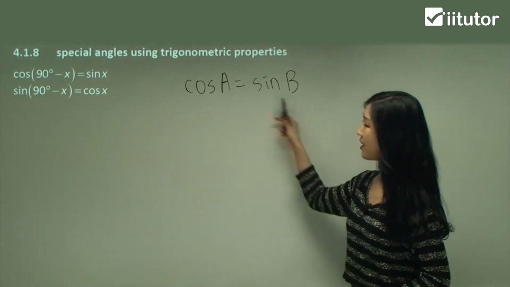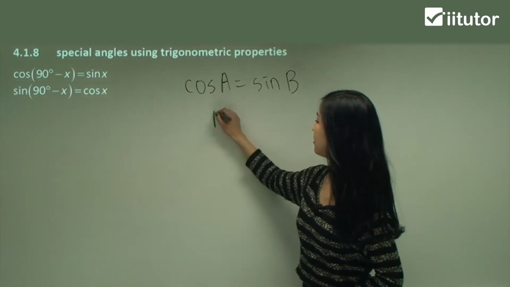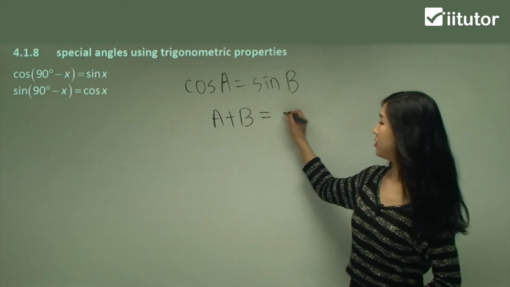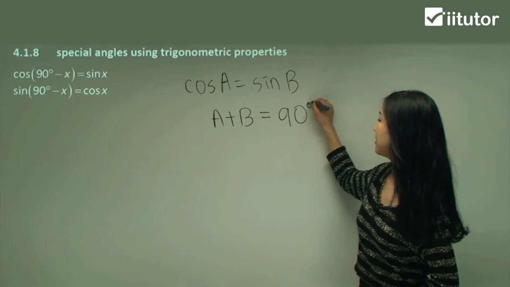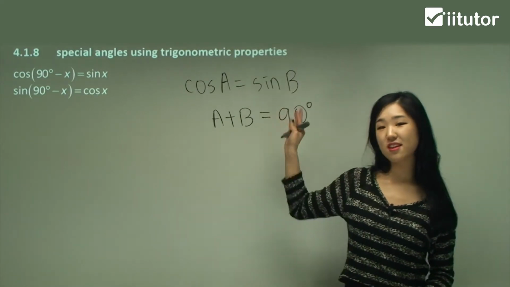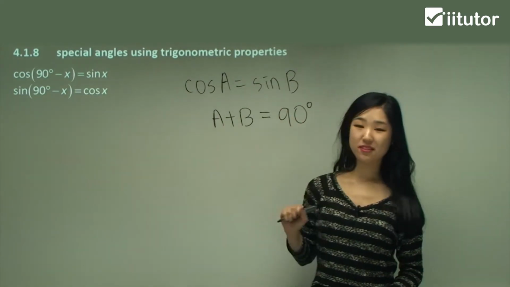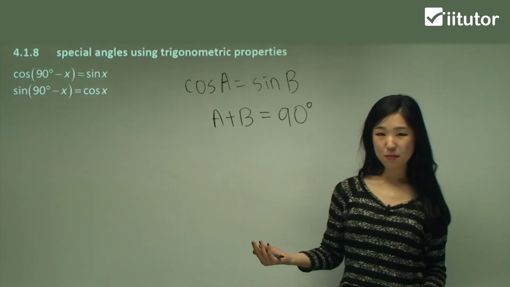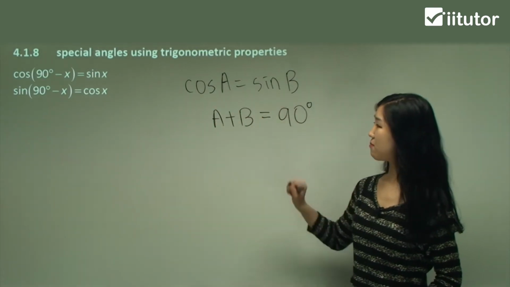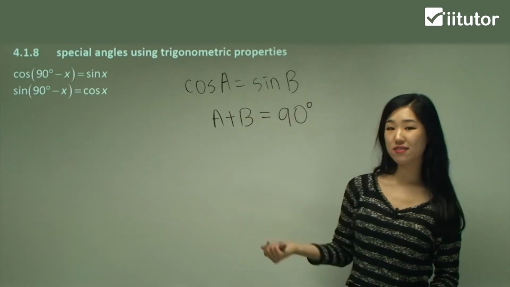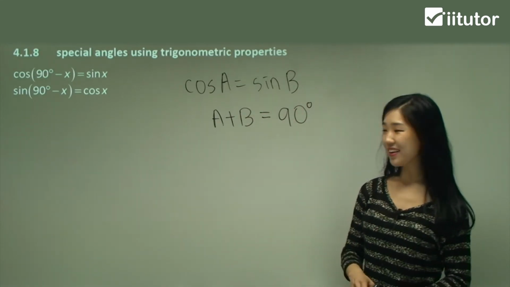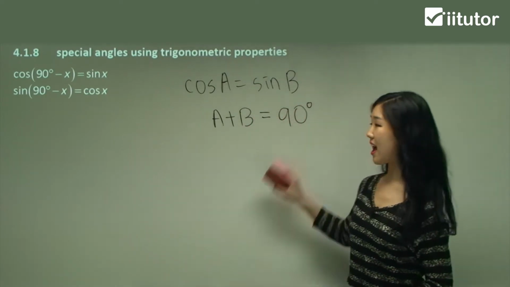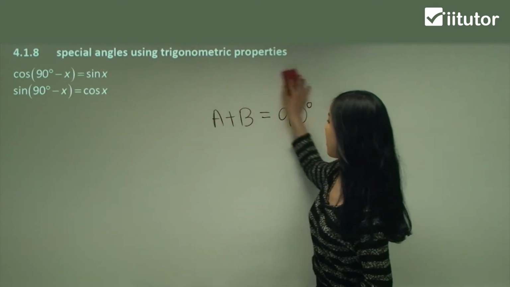Therefore, A plus B must be equal to 90 degrees. This is another way of remembering that particular rule. So if you have a case like that, make sure that A plus B must equal 90 degrees. So that's how the cos and sine have a relationship. That's our first one.